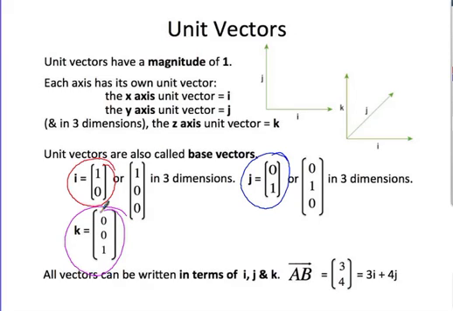For example, the vector from the previous slide is vector AB. Its column vector form is (3, 4). That translates to the vector 3i + 4j. So here's the column vector form, and here's your ij form. Once we get into 3 dimensions, we can also have a k component.